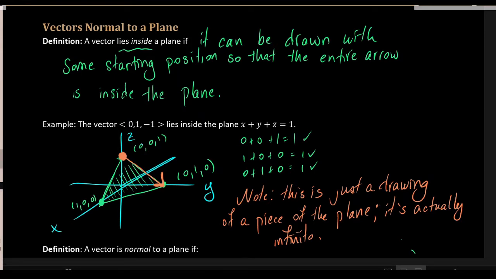So because this vector can be drawn with such a starting position that the entire arrow lies inside the plane, we say that the vector 0, 1, minus 1 lies inside the plane x plus y plus z equals 1.